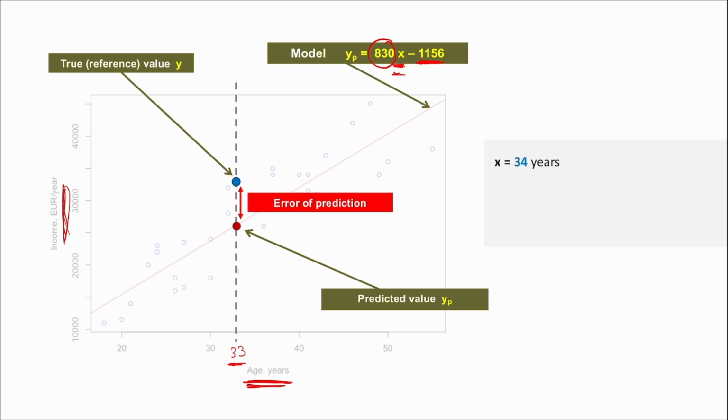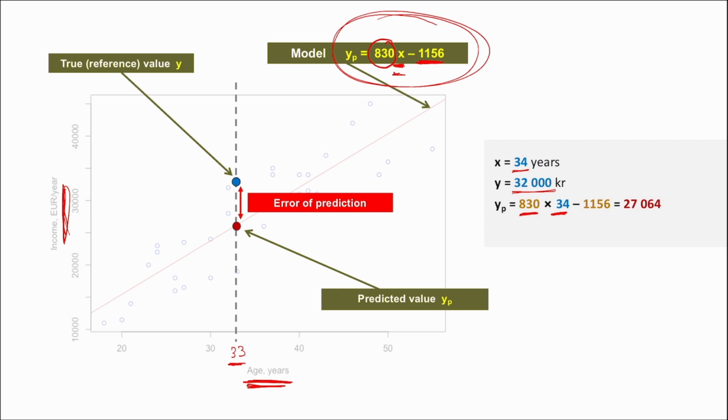This is just an illustration. In this case, I use 34 years as an x. And this is the real salary that I have in my data set, 32,000 krona. Now I put 34 years into this expression, into the model, right? So you can see that 34 times 830 minus 1156 is the predicted salary.